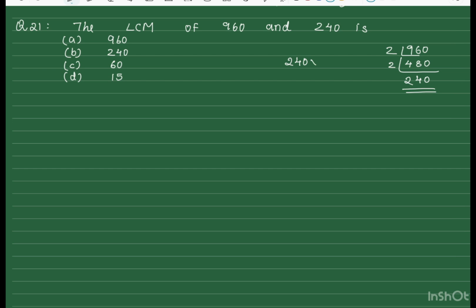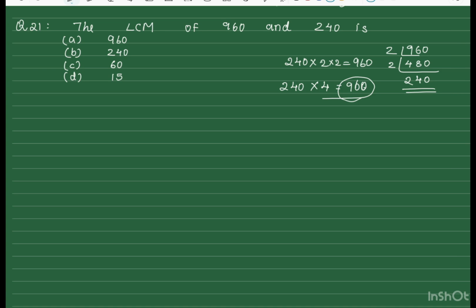So 240 multiplied by 2 into 2 is equal to 960, that is 240 multiplied by 4 is equal to 960.